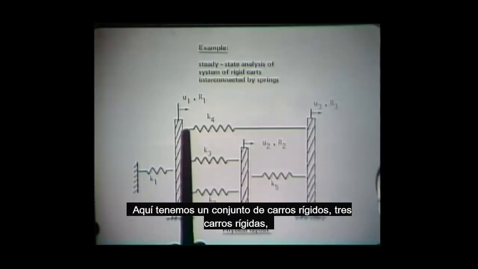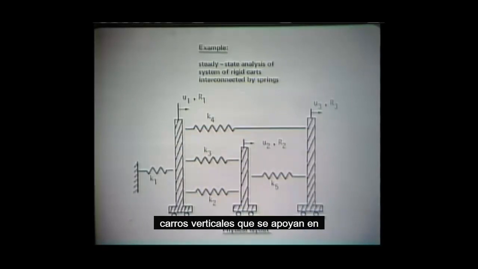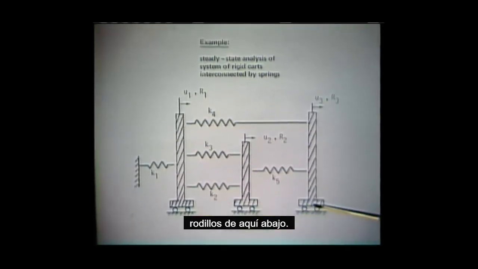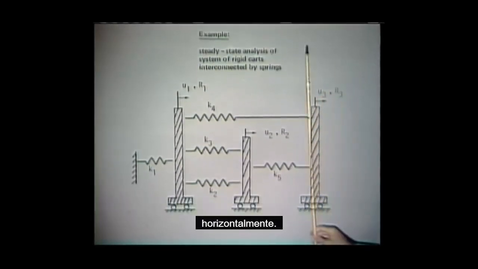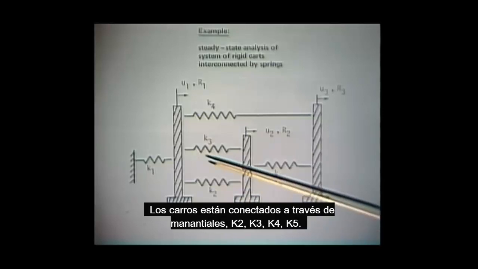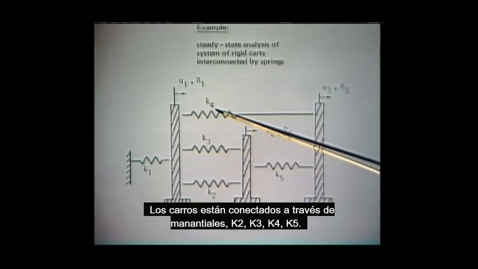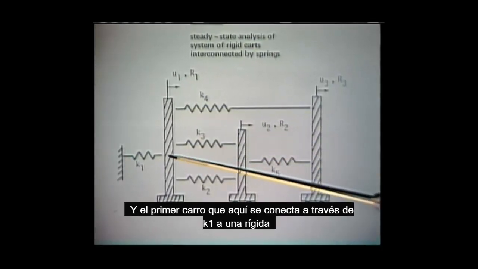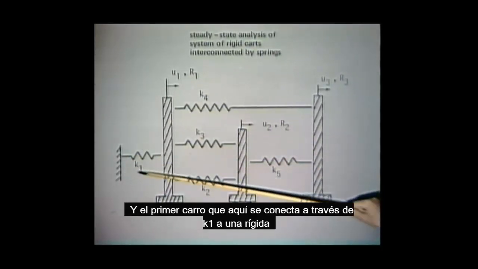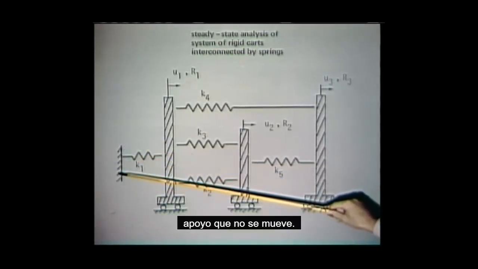Here we have a set of rigid cards, 3 rigid cards, vertical cards, that are supported on rollers down here. This means that each of these cards can just roll horizontally. The cards are connected via springs, K2, K3, K4, K5, and the first card here is connected via K1 to a rigid support that does not move.